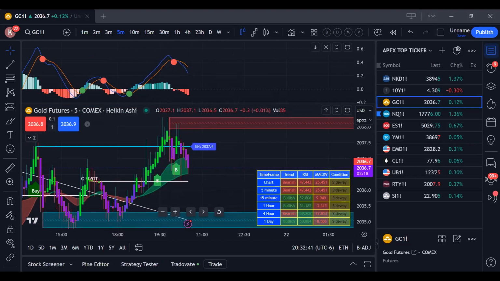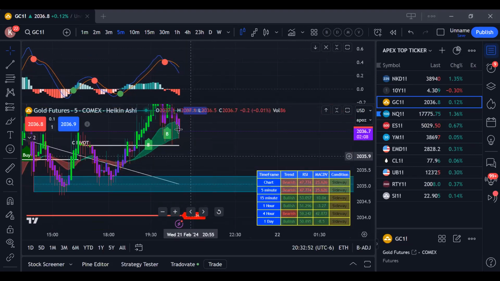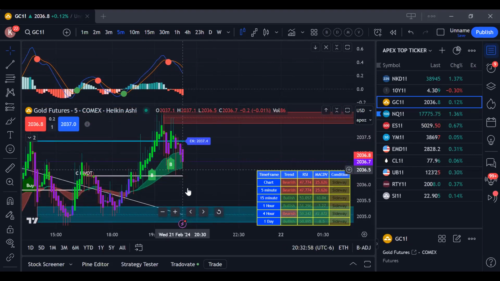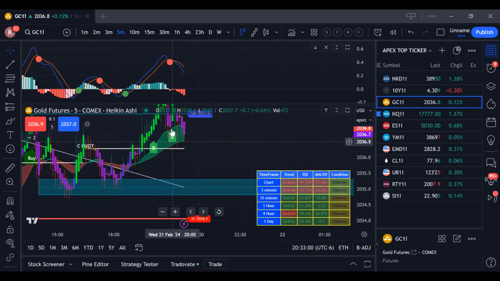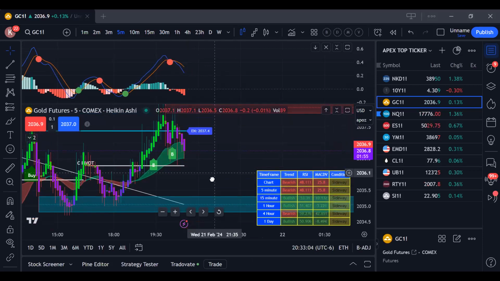Again, as I said, for gold, it touched the resistance, started dropping. You have a sell signal here. You have red, everything is red in 5 minutes. If it drops one more candle, comes below the cloud, and your 15 also becomes red, then that is a good setup for you to go short. Right? Again, it may go till here and again bounce back.